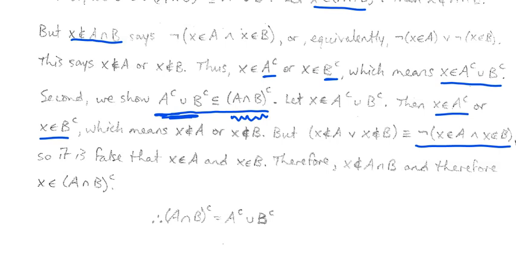So if it's false to say that X is in A and X is in B, then it's false that X is in A intersect B. So we say X is not in A intersect B, and therefore by definition X lies in the complement of A intersect B. So now we've shown that this set is a subset of this set. And thus we've formally completed our whole proof. We have shown that these two sets are the same thing.